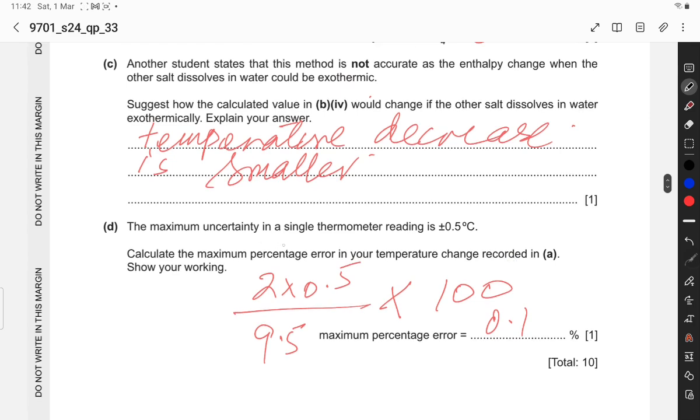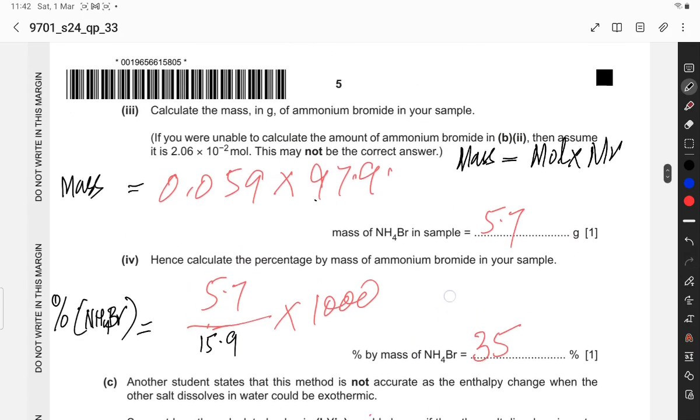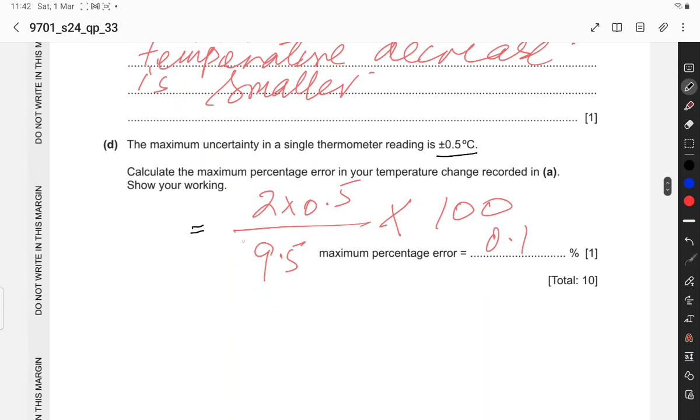The maximum uncertainty in a single thermometer reading is 0.5. So calculate the maximum percentage error in your temperature change needed in A. We know that we have taken temperature readings two times, initial and final, so multiplied by 2 into 0.5 divided by 9.5. 9.5 is the difference of the two readings.